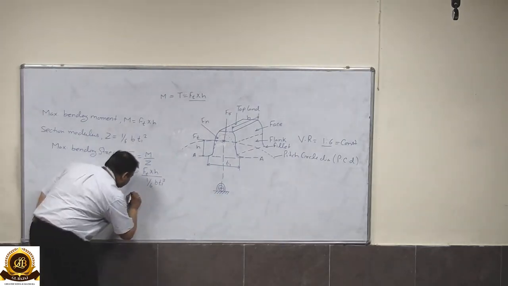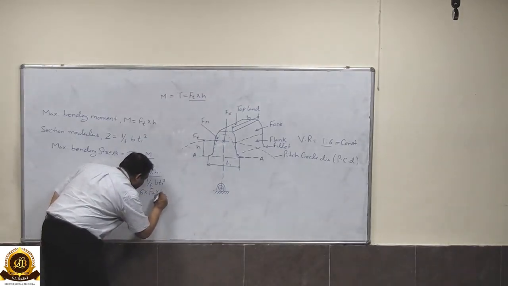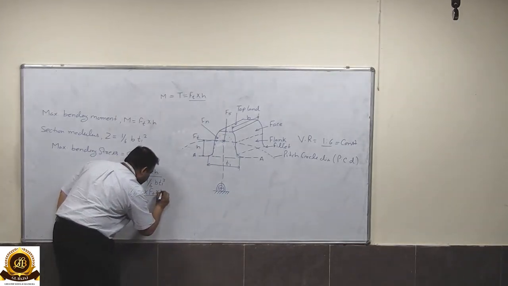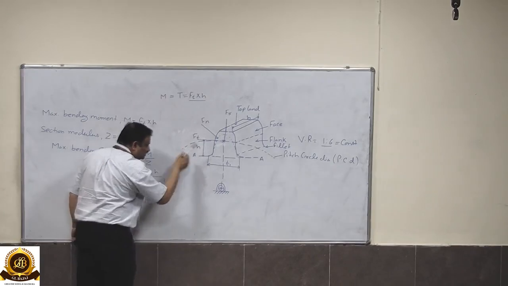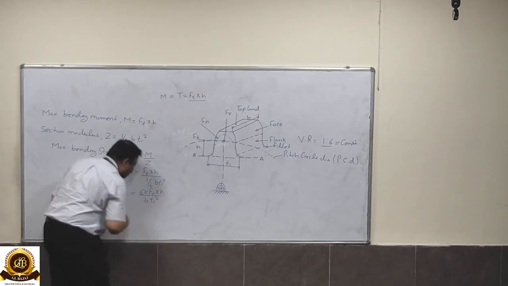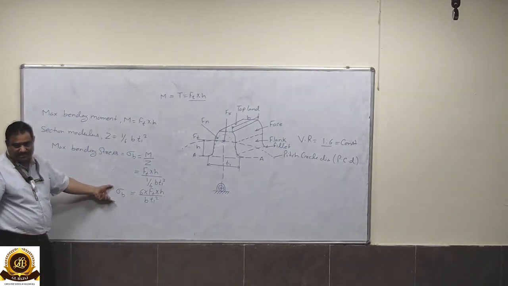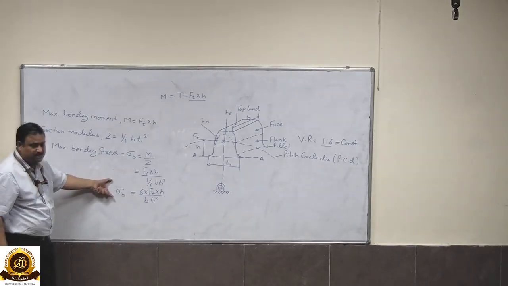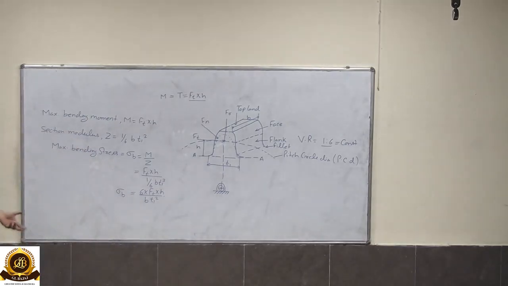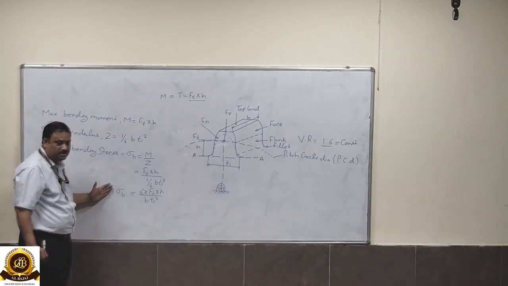When we rearrange this equation, this will be 6 into Ft into h divided by B into T1 square, where Ft into h is the leverage distance, and this equals sigma B. Sigma B is the static stress. Please remember, this is a static stress which is calculated with the help of the tensile test for a specific material.